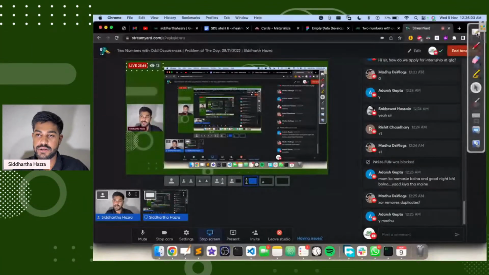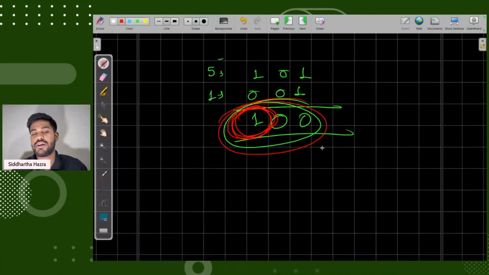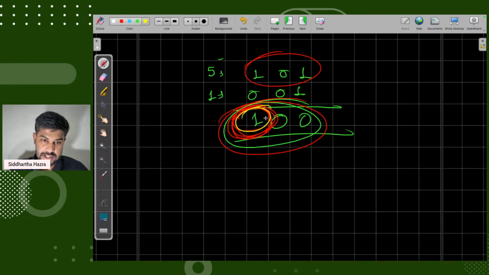Okay, fair enough. So now we can see that the elements are different. So now what I can say is that I can just have the last bit set. Suppose this bit is set.